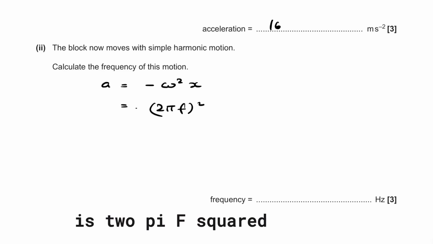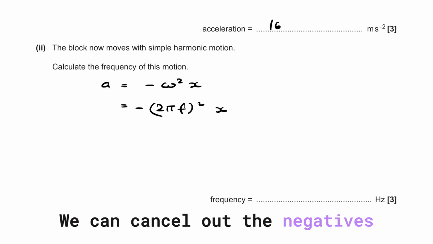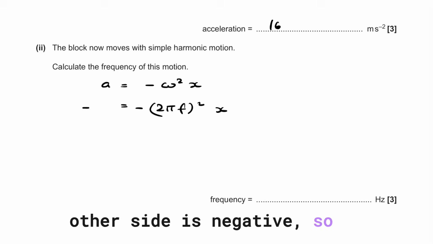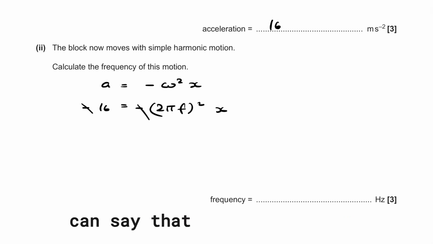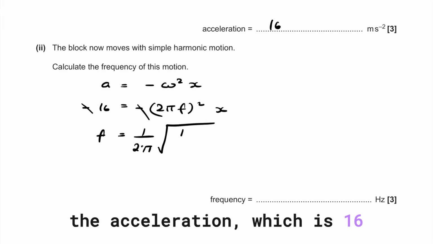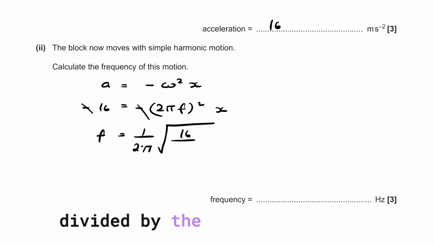And we can cancel out the negatives because we knew that the acceleration over there on the other side is negative. So we can say that we have f as 1 over 2 pi square root of the acceleration, which is 16, divided by the extension, which is x.